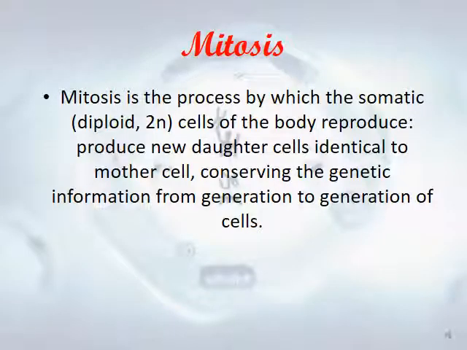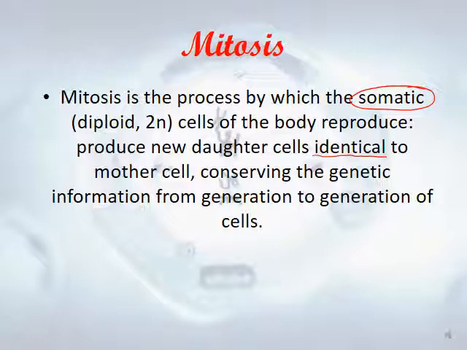So what is mitosis? Mitosis is the process by which the somatic cells, diploid cells (2n) of the body, reproduce. They produce new daughter cells. These daughter cells are identical. They are very similar to the mother cell, and they conserve the genetic information from one generation to another generation.